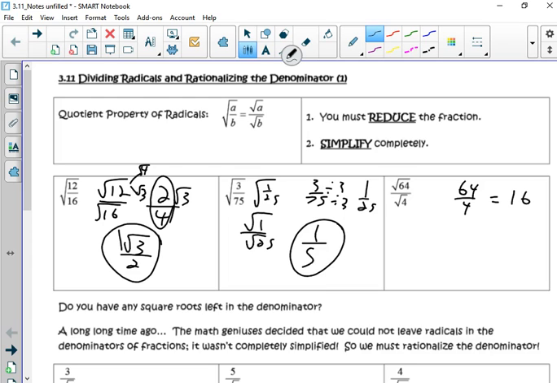So therefore, radical 4 goes into radical 64, radical 16 times. And that is simply just 4. That's it. So if you reduce these fractions in the radicals first, life is much simpler.